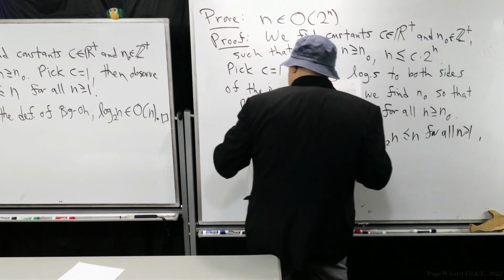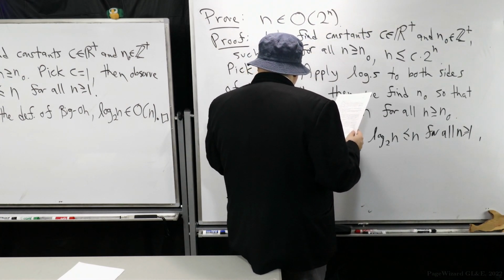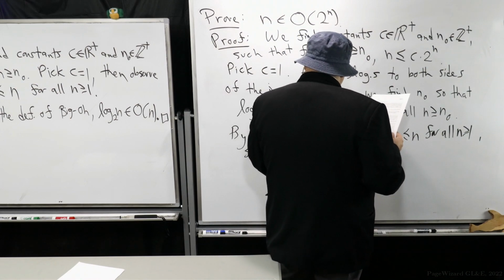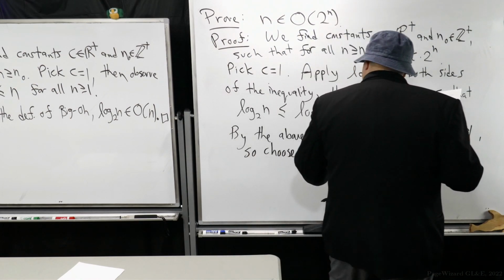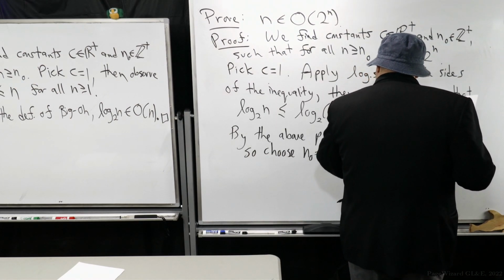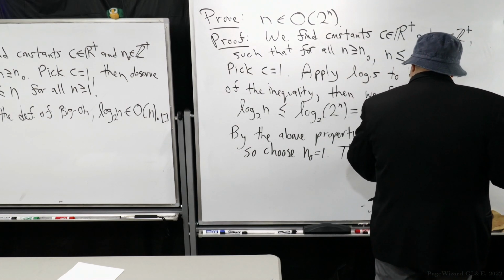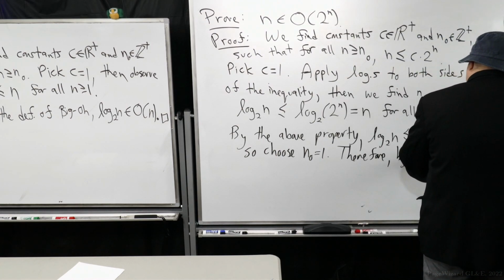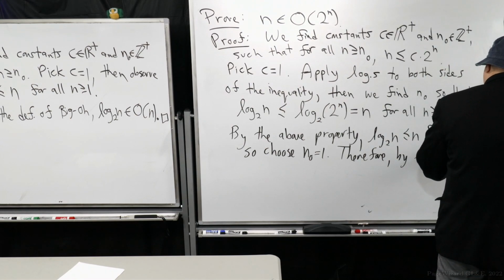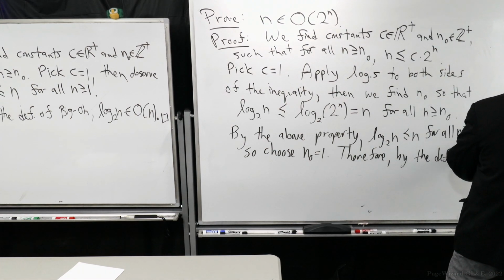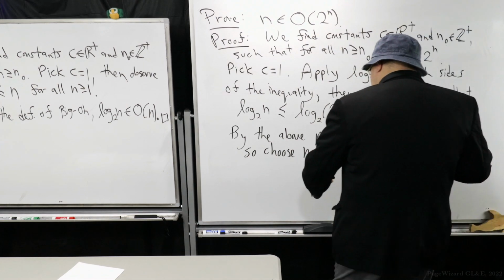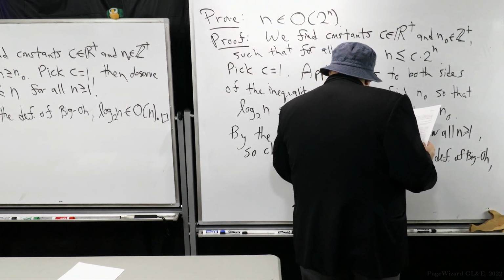So choose n0 is equal to 1. There. Now we got the two constants. Therefore, by the definition of big O, n is big O of 2 to the power of n.